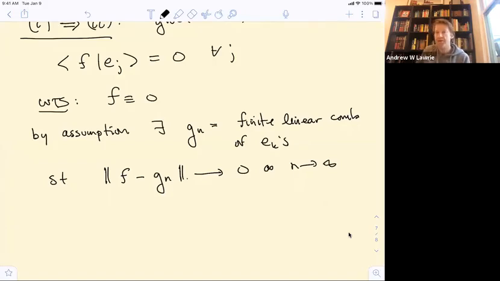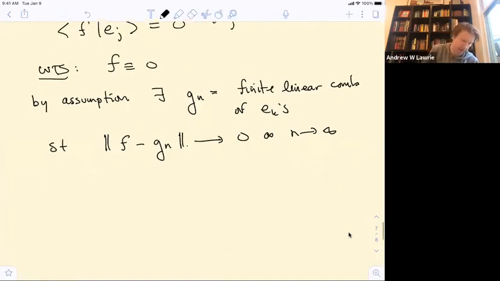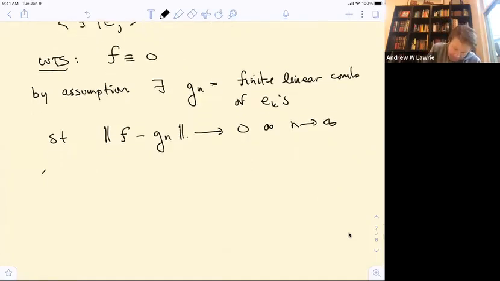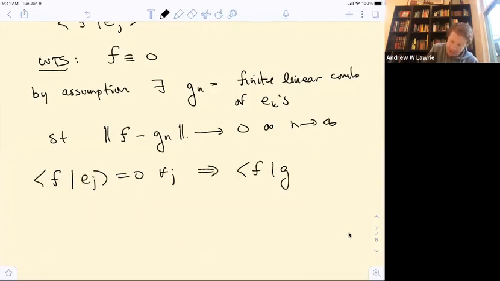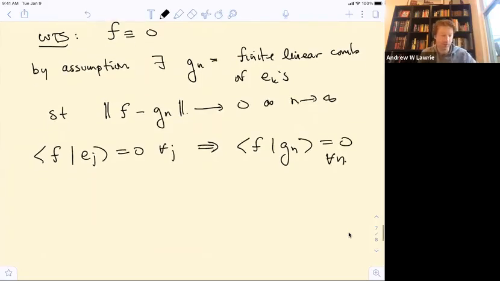Since these are dense, for every epsilon we can find a finite linear combination of the EJs so the difference between f and that object is less than epsilon. So we can just take epsilon to be a sequence 1 over n, and then find such Gn. Then since f paired with EJ is equal to 0 for every j, this implies that f paired with Gn is equal to 0 for every n, because the Gn are just finite linear combinations.